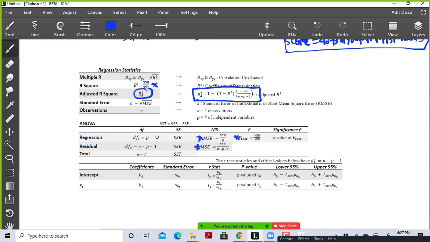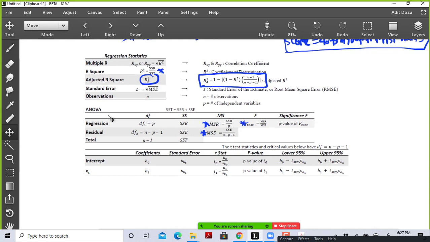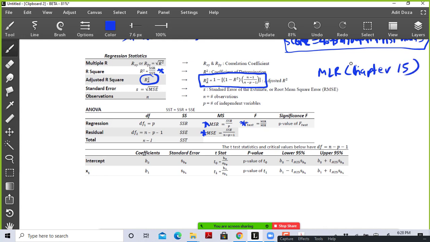So let me explain why we use adjusted R square. Adjusted R square we only use for the multiple linear regression case, right? Chapter 15. Do you know why we use it? Because for simple linear regression, the form is only beta 1x.